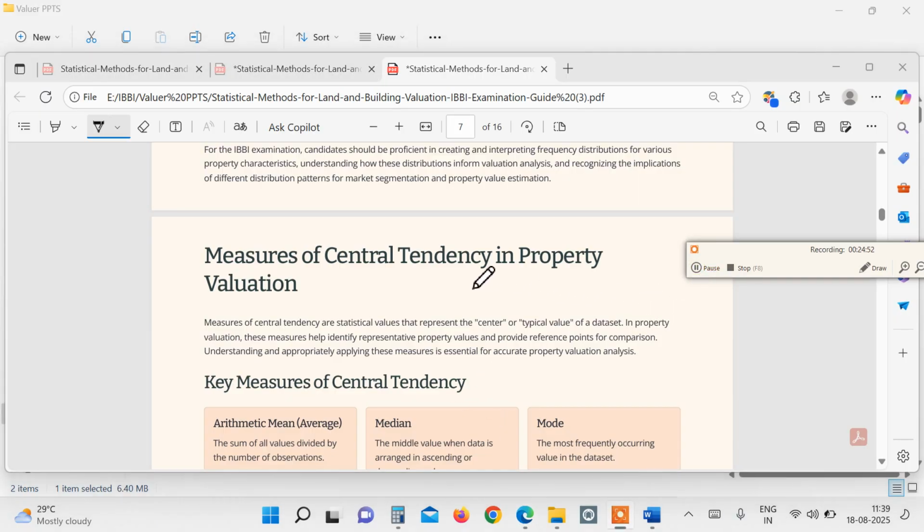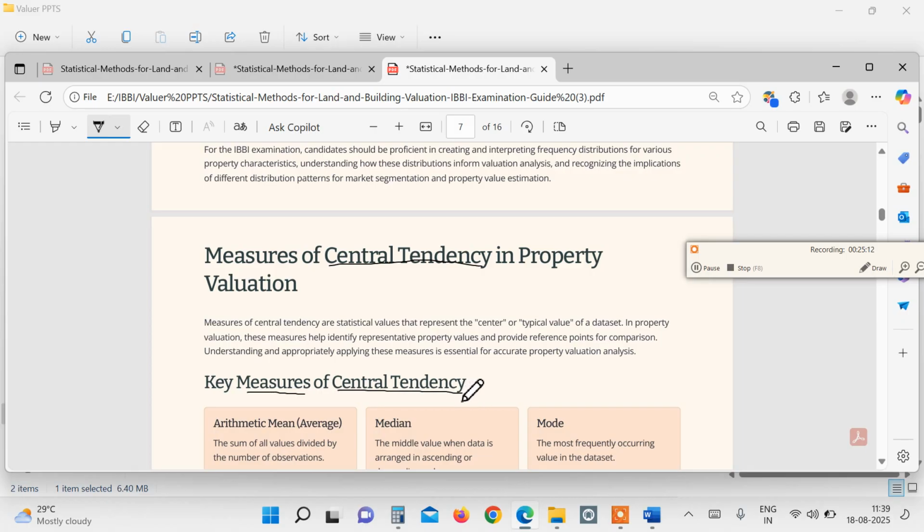Next topic is central tendency and how the measure of central tendency helps in property evaluations. So first of all, you must understand what the measures are which are essential as far as central tendency is concerned.